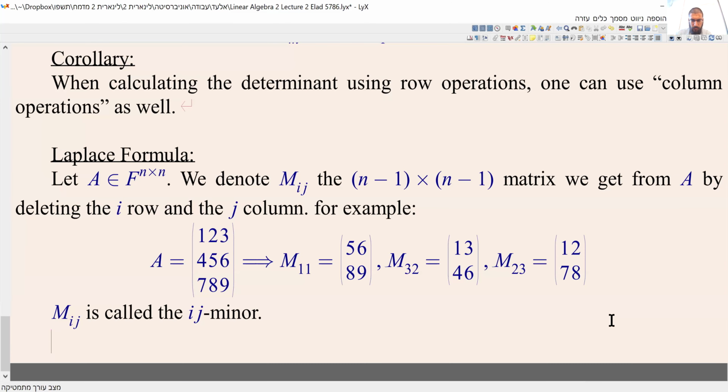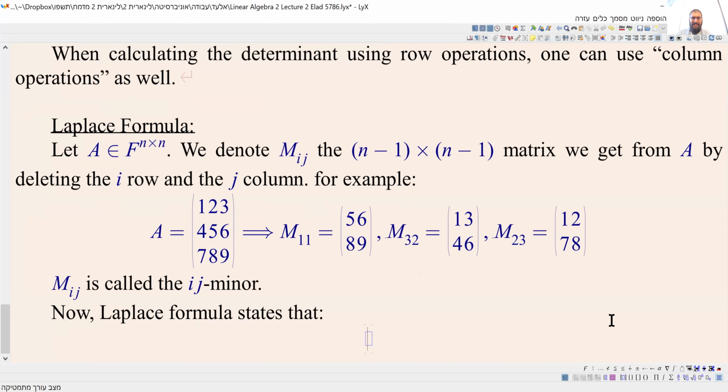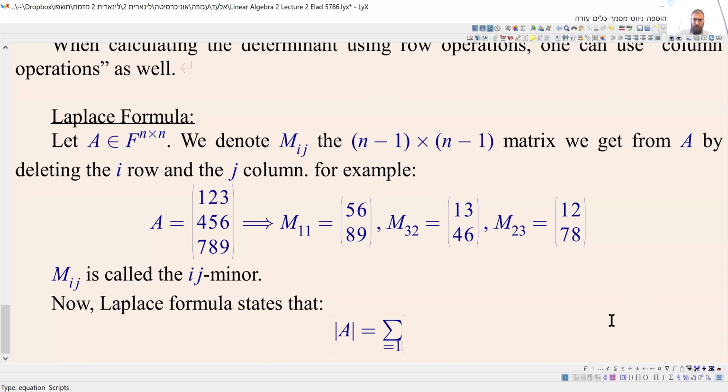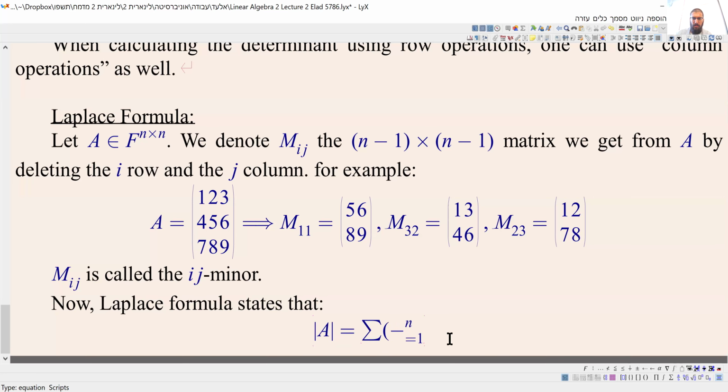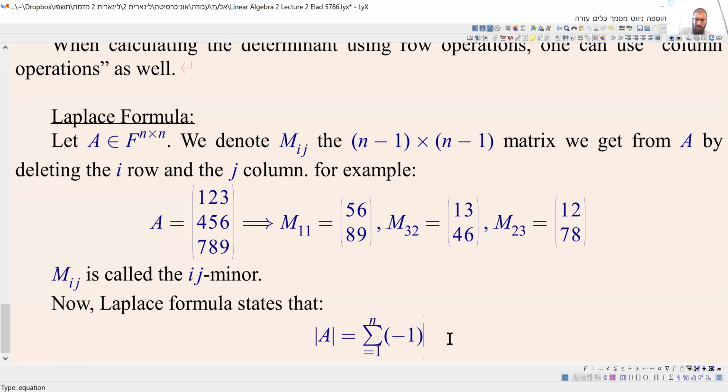Now, Laplace's formula states that the determinant of A is calculated by sigma from 1 to n of minus 1 to the power of i plus j, the ij element of A, and the determinant of the ij minor.